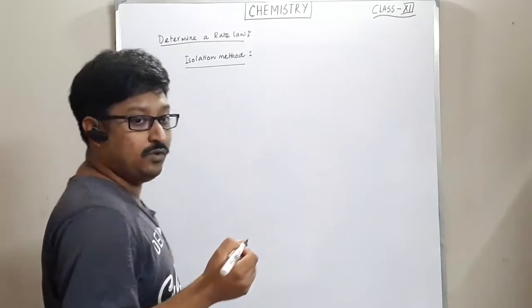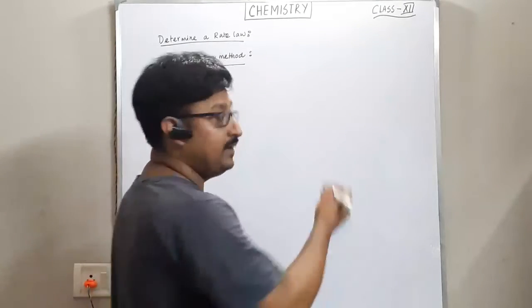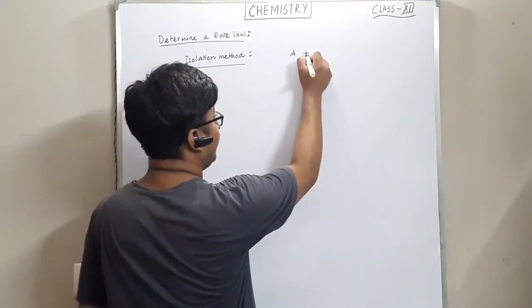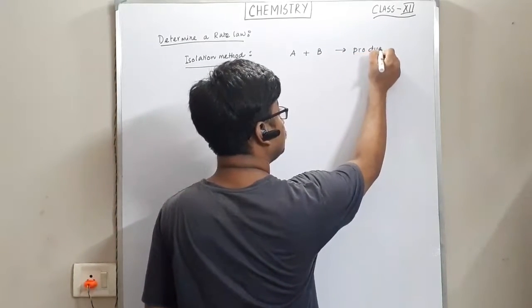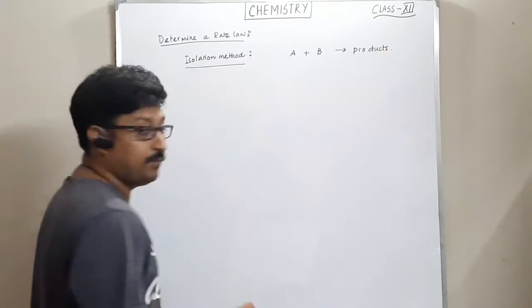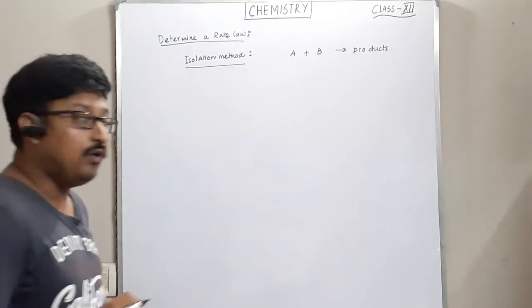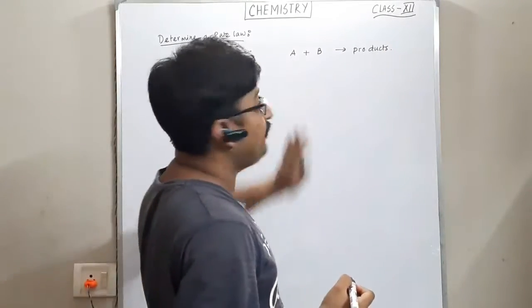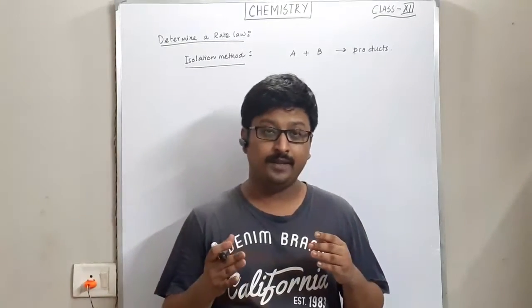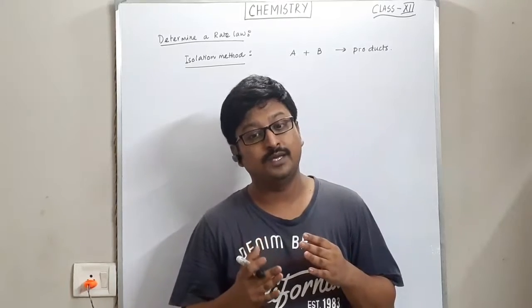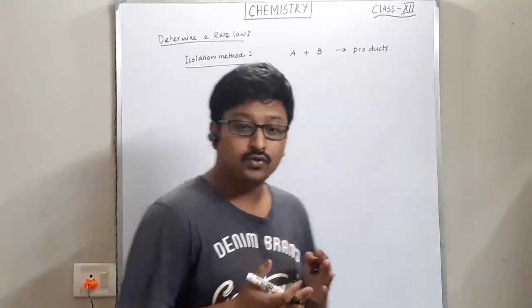Let's say you have a bimolecular reaction, and the reaction is basically A plus B to make products. Now, definitely in the rate equation, it has to be the true rate law.